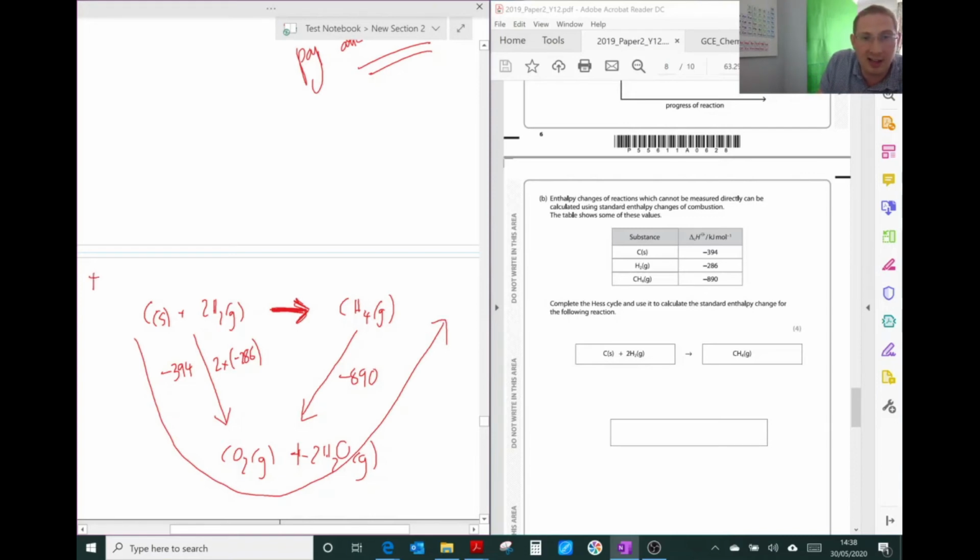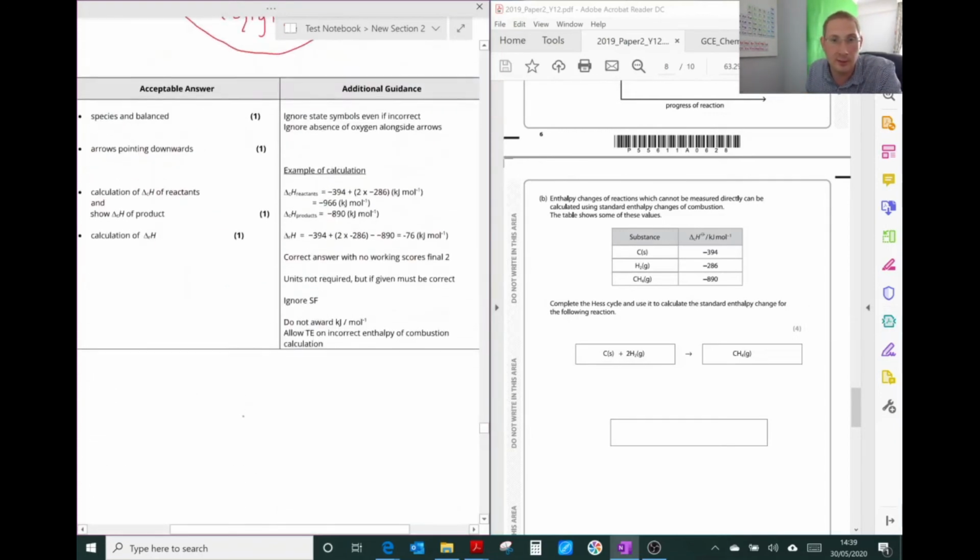So it is plus minus 394 plus 2 times minus 286 minus 890. And if you plug that into a calculator, you get an answer of minus 76 kilojoules per mole.